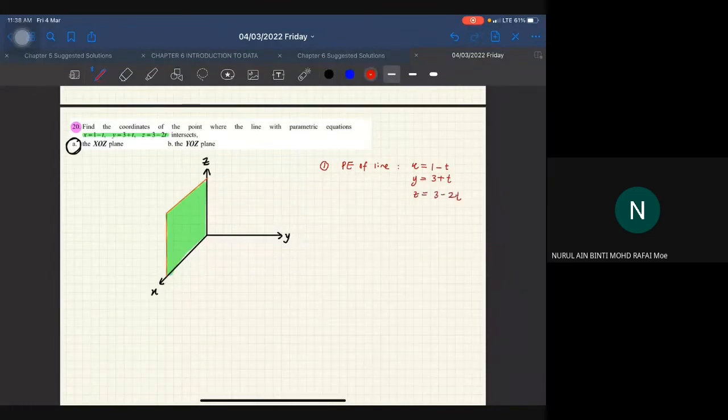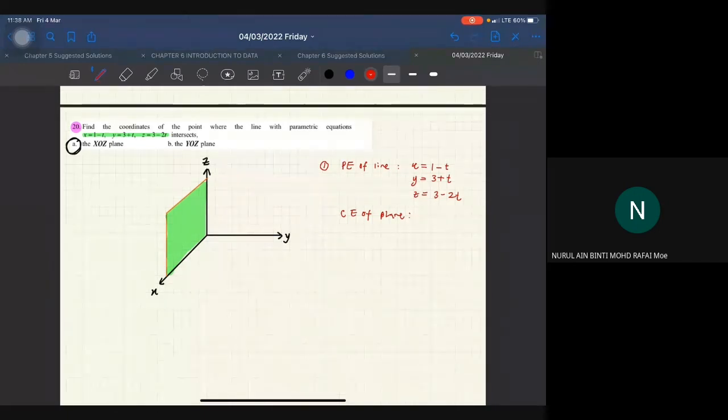Okay, and then awak mesti ada Cartesian equation of plane. Okay, so sekarang ni soalan ada bagi tak kita equation untuk plane kita? Ada tak? Macam tak ada kan? Bukan macam, memang tak ada.